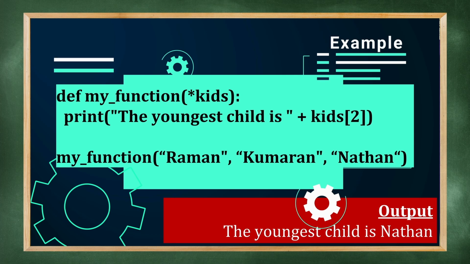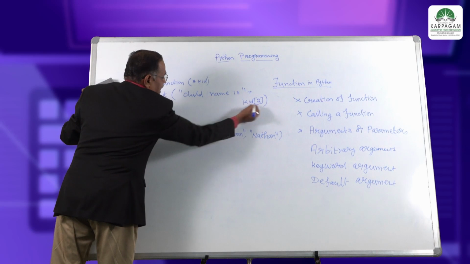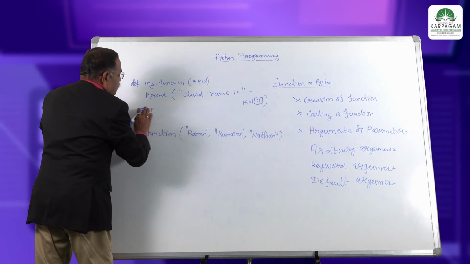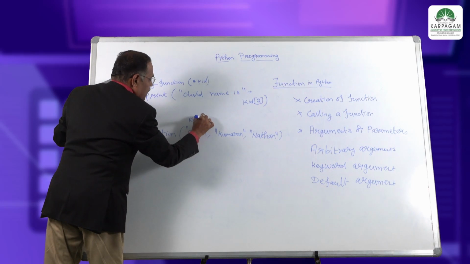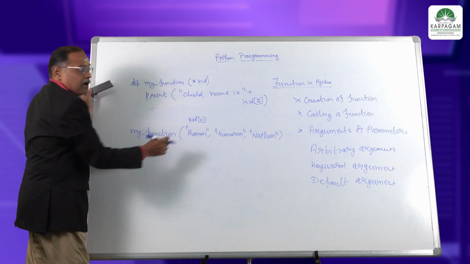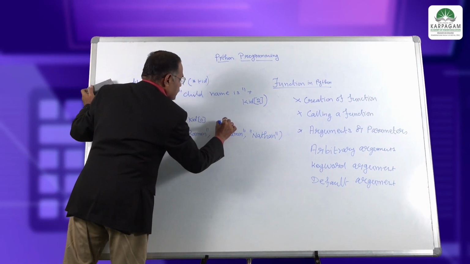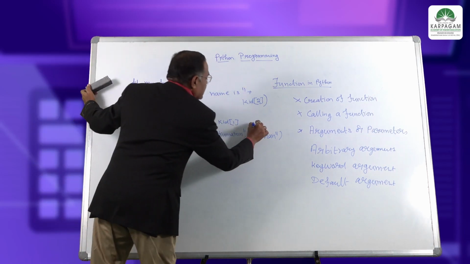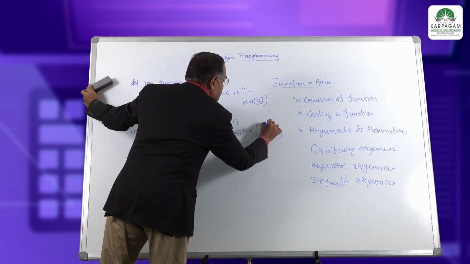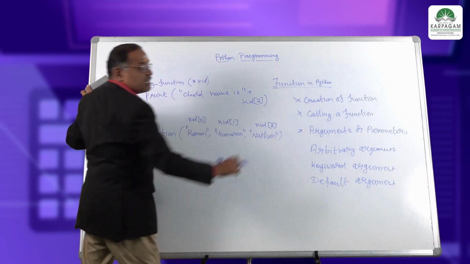Now I have given an array. So kids of 0 will be Raman, kids of 1 will be Kumaran, then kids of 2 will be Nathan.